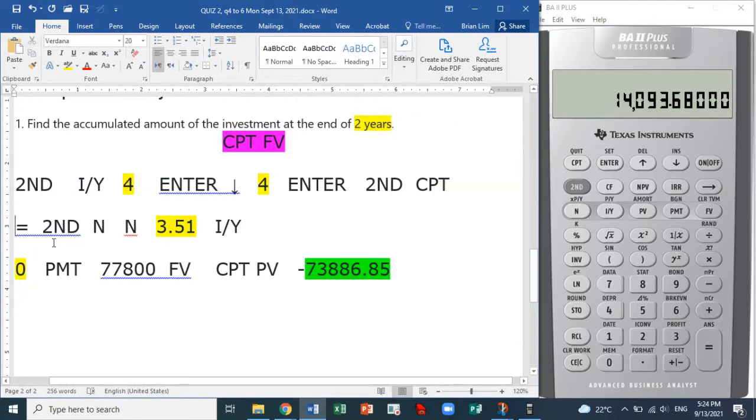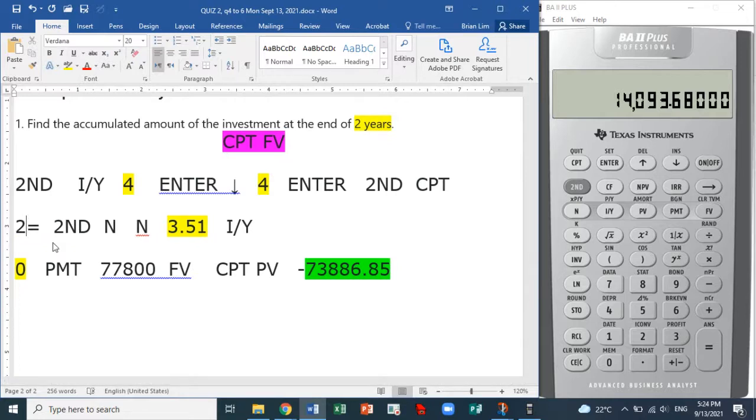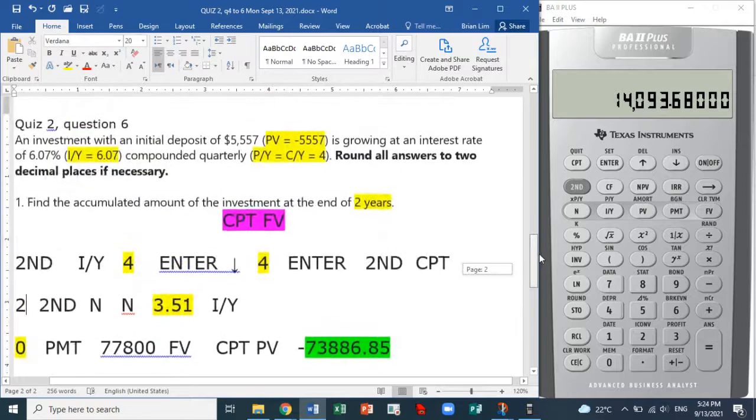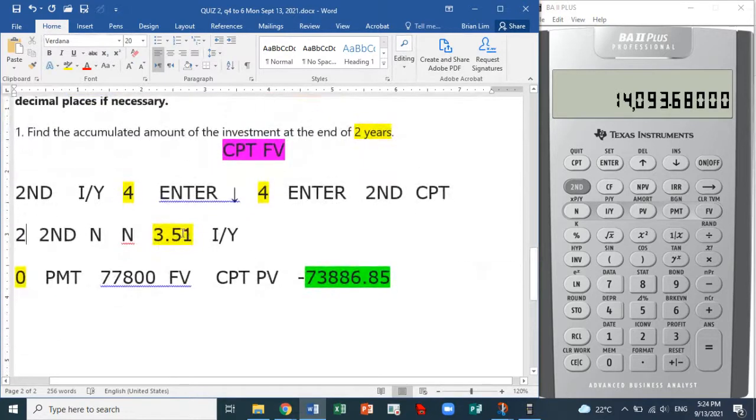So we'll have to insert the value of 2, and then we go second NN. All right, and the interest rate is 6.07, so let's 6.07. I went inside to avoid erasing the highlighting, and there we go.